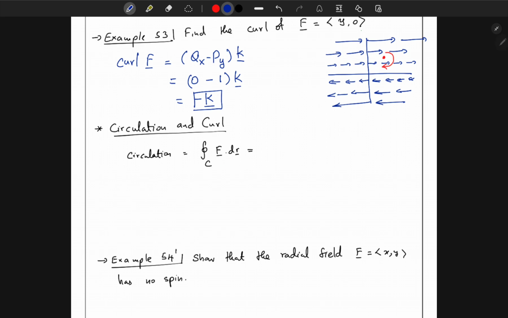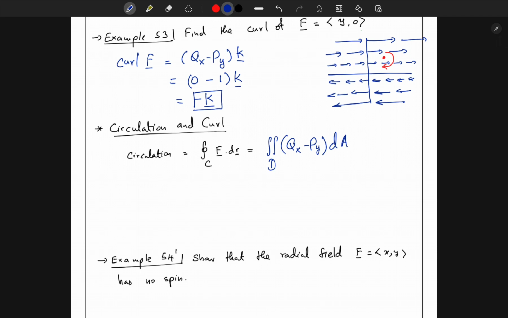Now the circulation by Green's theorem is the double integral of q sub x minus p sub y. This is by Green's theorem, the circulation form. Now you can see the connection between the thing inside the integral and the curl.